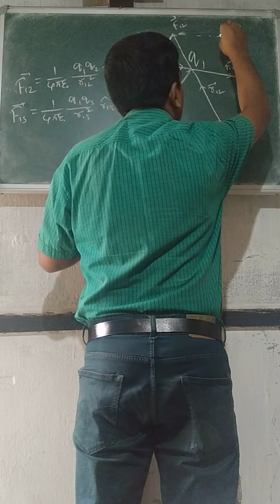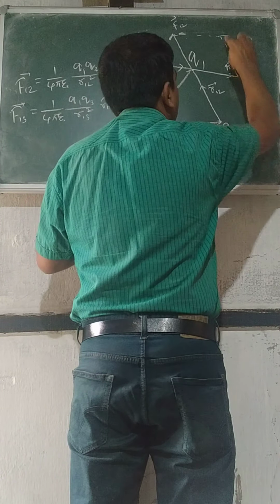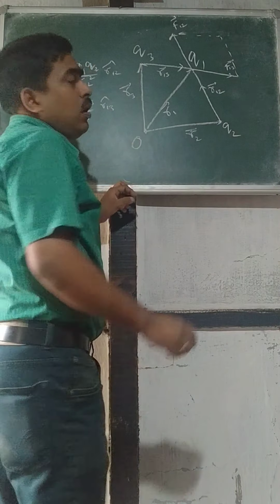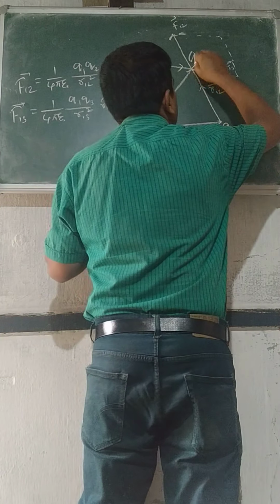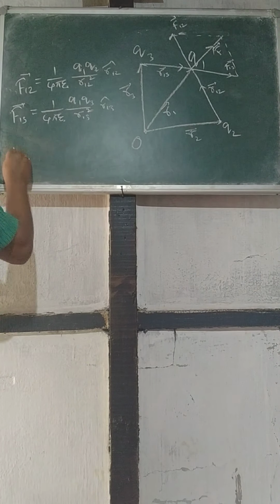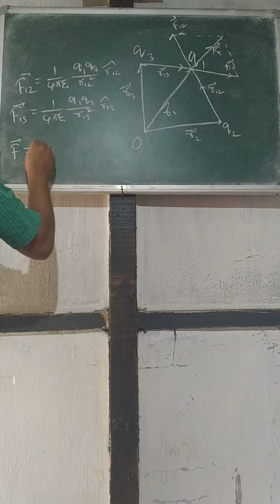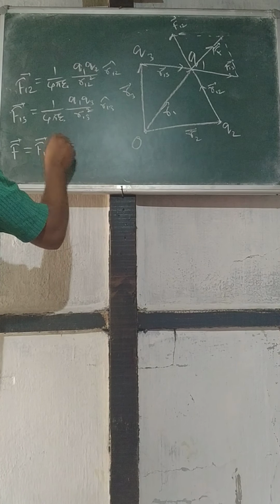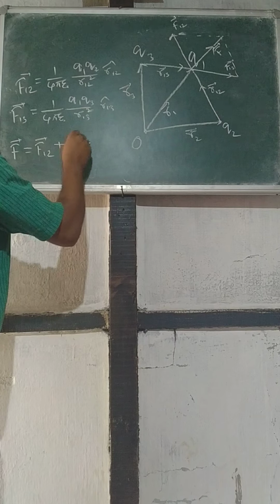This way, this way. This will be the force vector, F vector, and F is the summation of F12 plus F13.